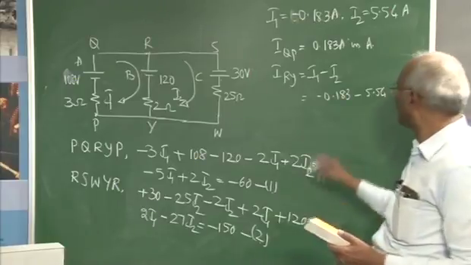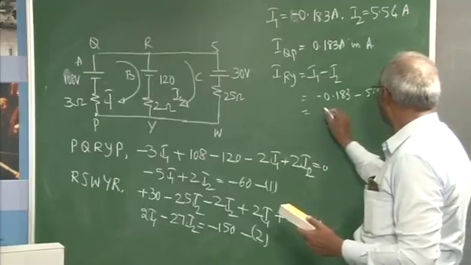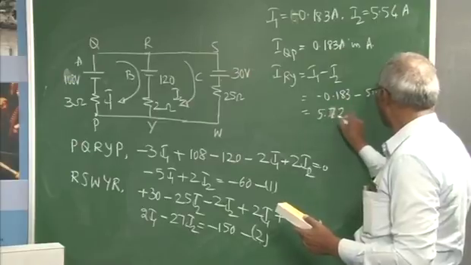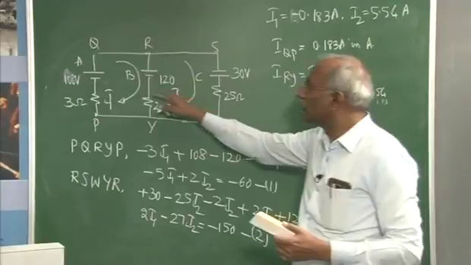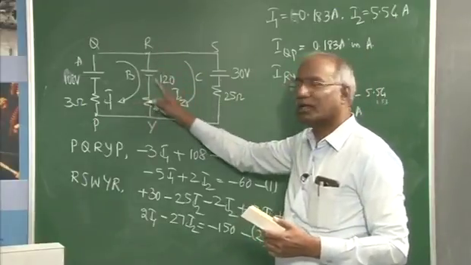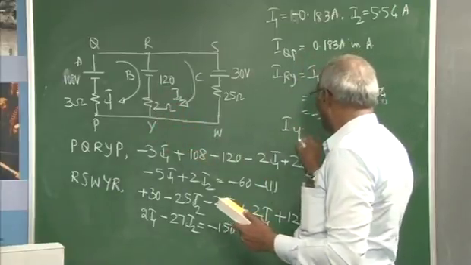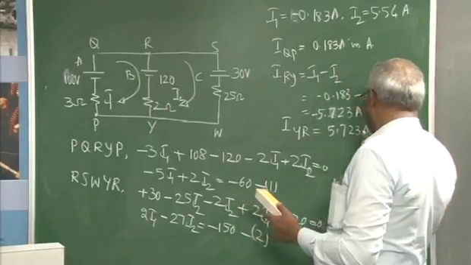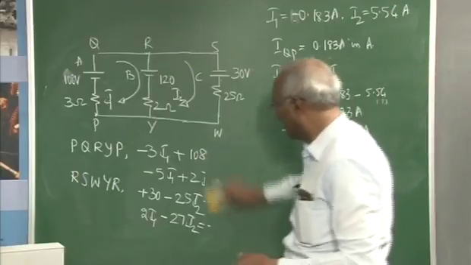Now this works out to be 5.723 amps with a negative sign, indicating that the current is not in the direction of I1, but it is in the opposite direction. Opposite direction means it is nothing but IYR, equal to 5.723 amps. Then what will be the current in the battery?